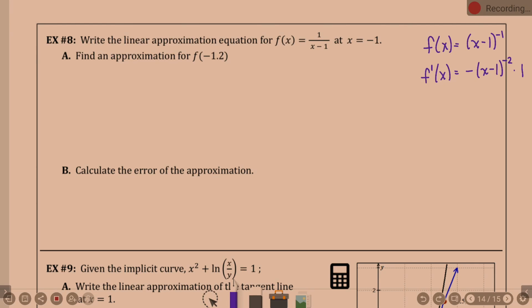So it just becomes negative 1 over x minus 1 quantity squared. That was good derivative review. Maybe you're saying that was easy peasy, but we've made some careless mistakes lately.